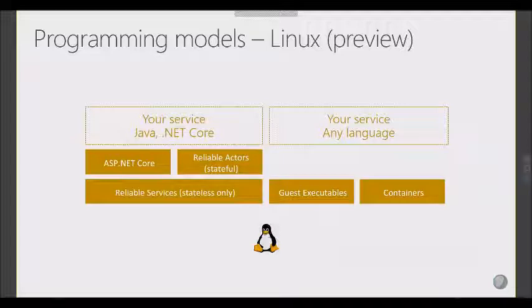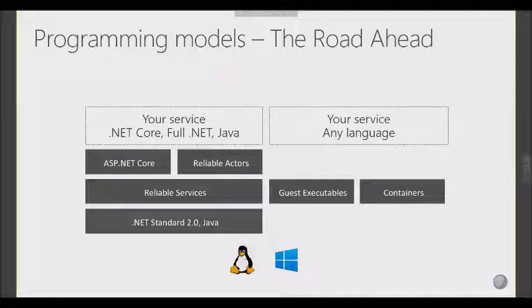And the future will be that we will move on to use .NET Standard 2.0, which was also announced at the Build conference, to bring together at least most of the .NET part to be usable on both ends. So meaning you can run your .NET Standard code then on Linux and Windows without any changes.